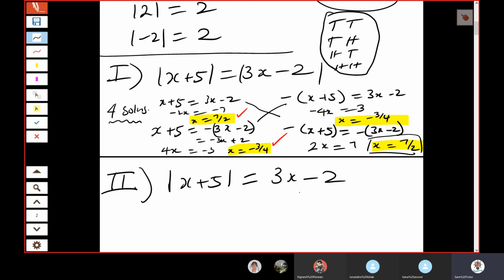It's not always positive, because if x was 1, 3 times 1 is 3, 3 take away 2 is 1. It might work. But if x was negative 1, or x was 0, 0 take away 2 is negative 2. That's great. This guy would never be negative. So x equals 0 cannot be a solution, even if you've solved for it. Sounds good?